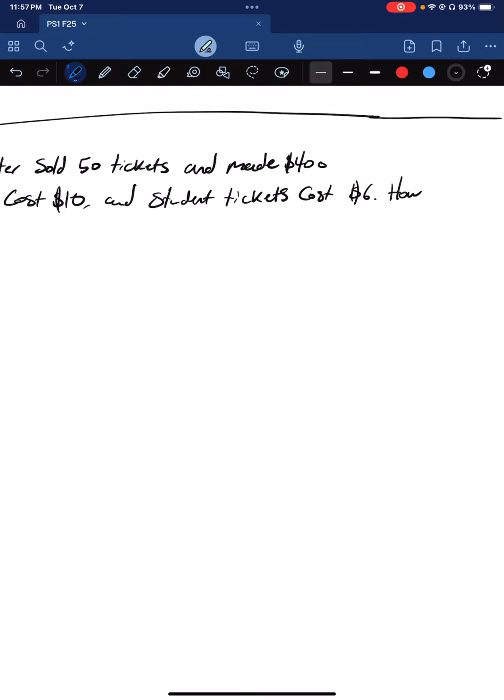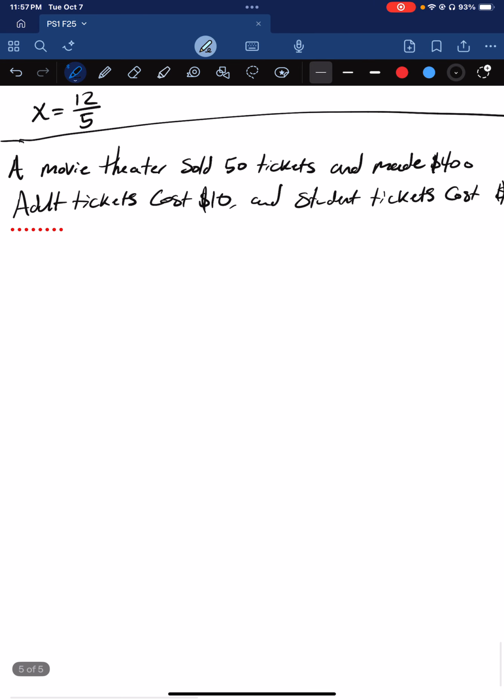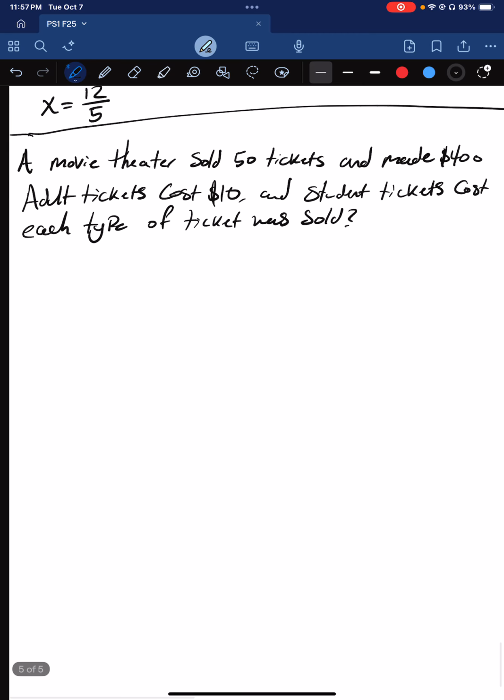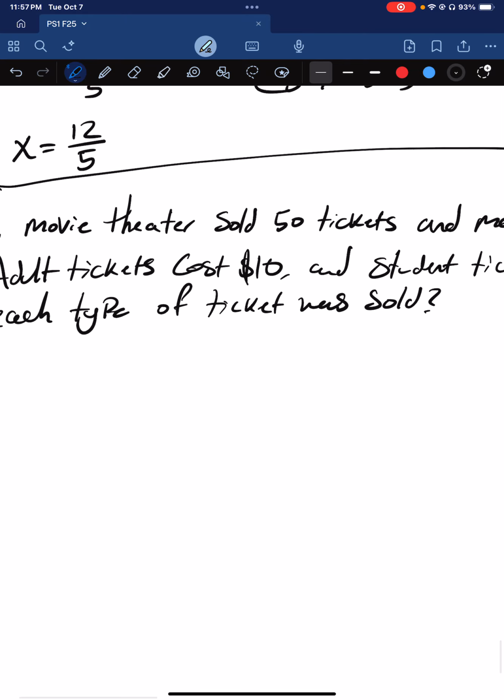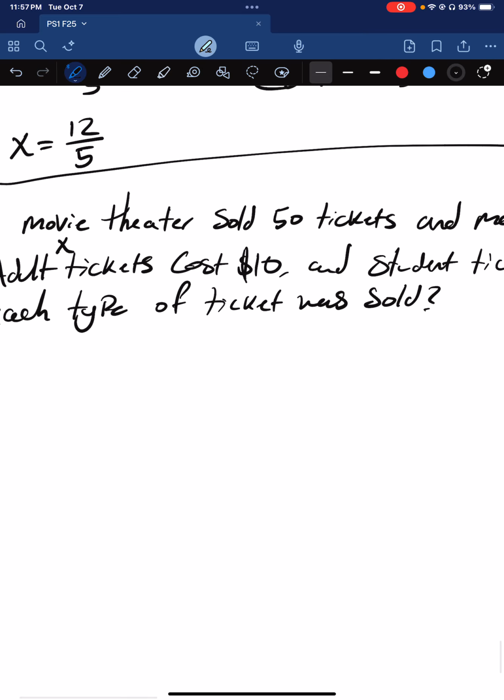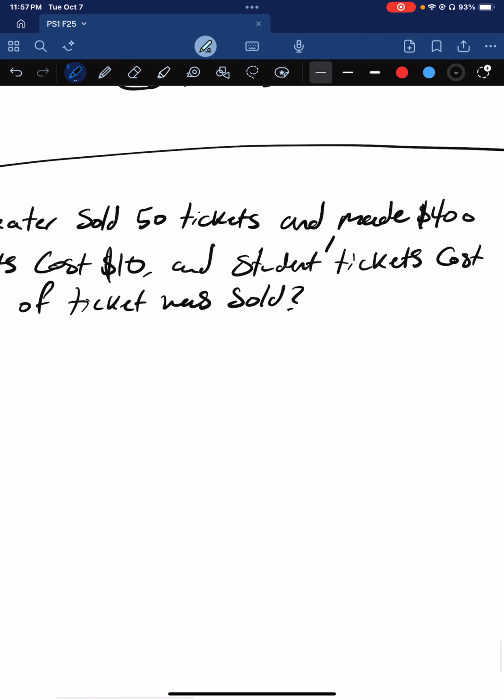How many of each type of ticket was sold? Well, that's a great question. Let's find out. So let's call adult tickets x and student tickets y.